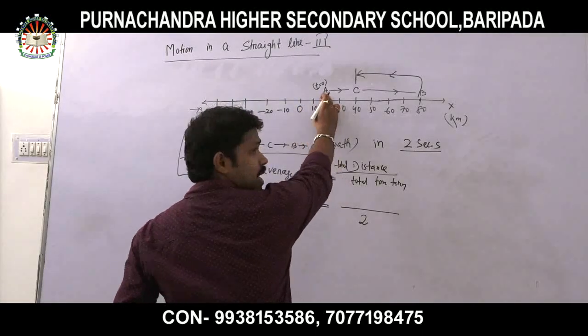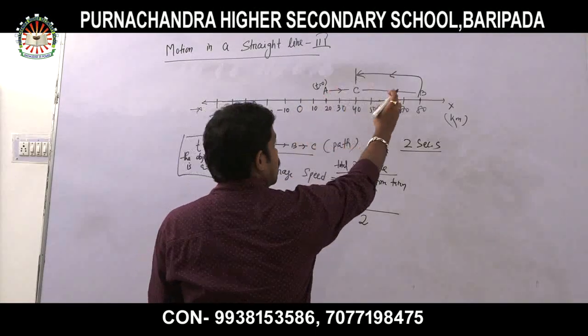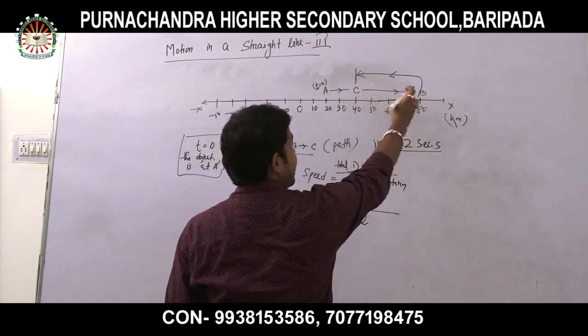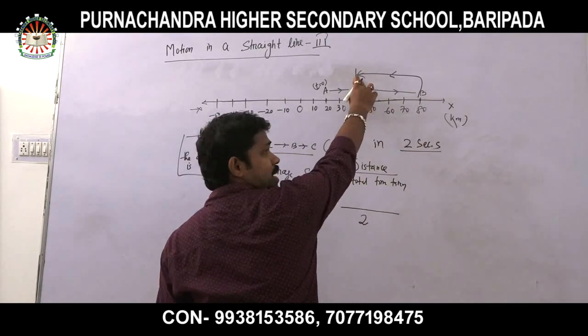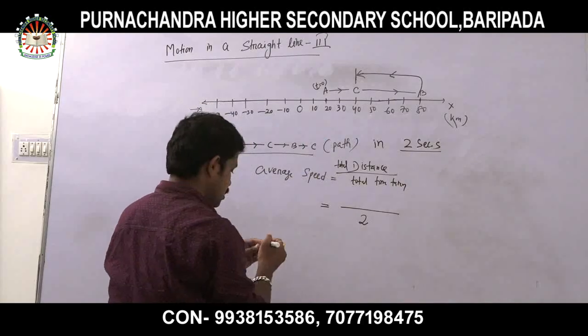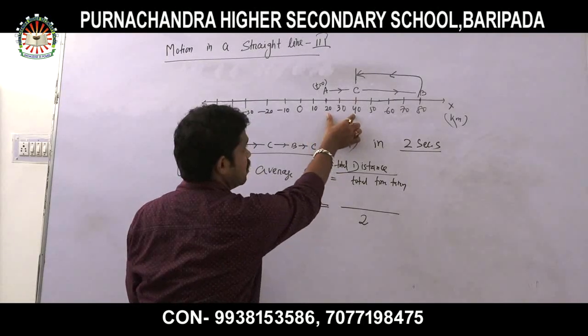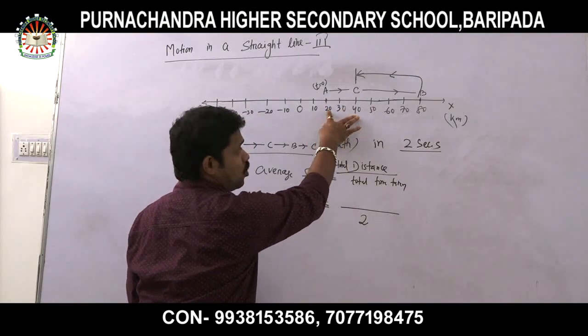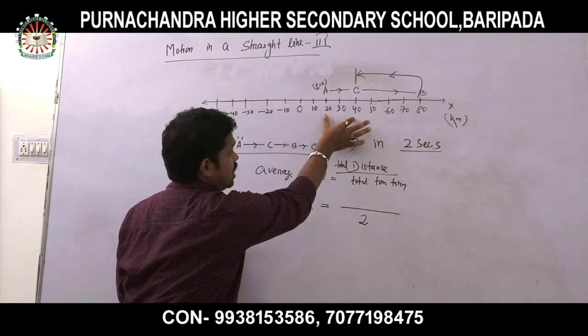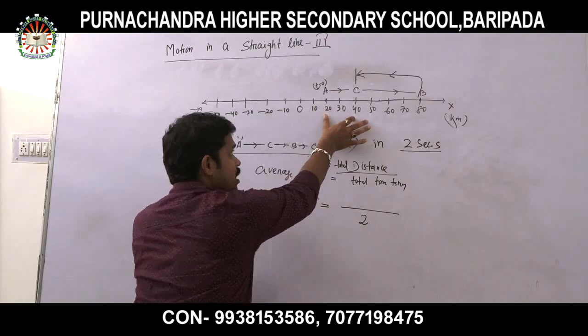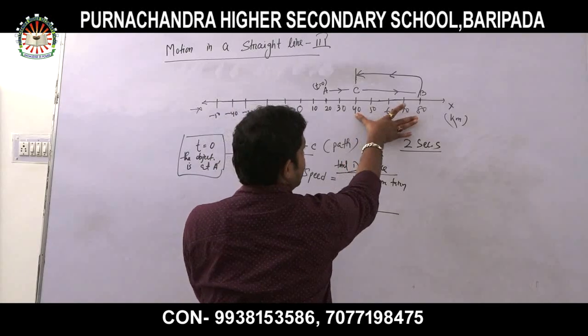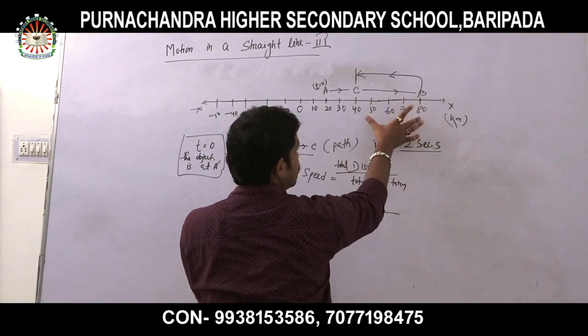So the object starts from A, first goes to C, then B, then again returns back to C. What is this distance? Starts from 20, going to 40. So that means the distance is 20. Then again 40.